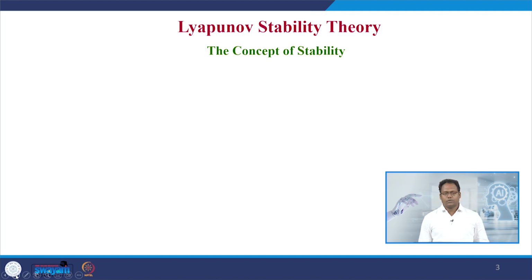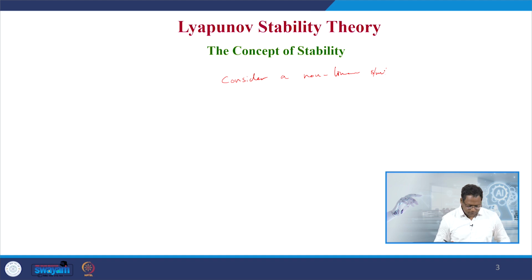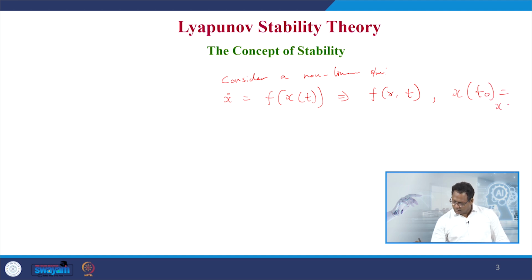Now, coming to the concept of stability analysis, let us talk about that. Let us consider a non-linear system that is given by x dot equal to f of x of t, sometimes written as f of x comma t, with x of t naught represented by x naught.